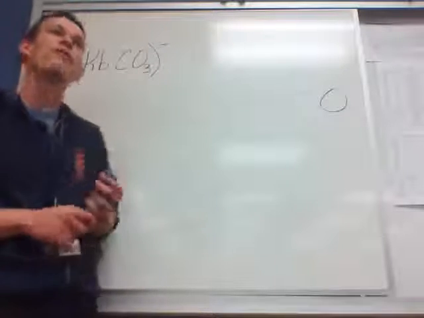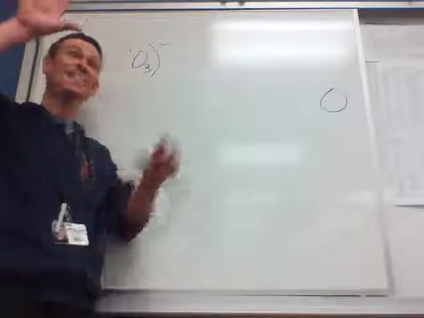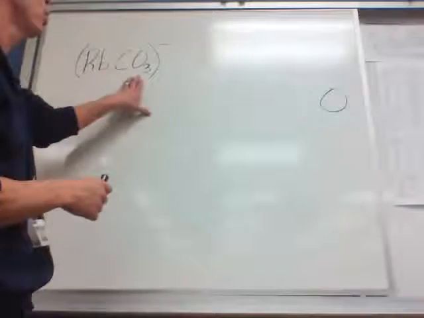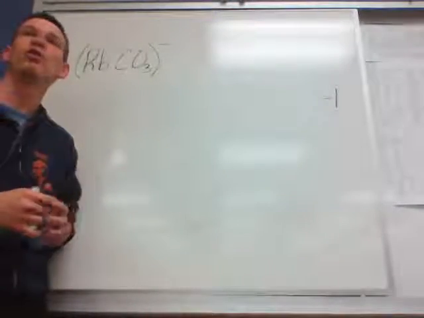However, you are very accustomed to there being compounds that are not neutral because you had to memorize charges of other things. For example, if I say, what's the charge of sulfate? Well, that's S's and O's with a charge of -2. Here's Rb, C, and O's with a charge of what? -1. This compound is not neutral.